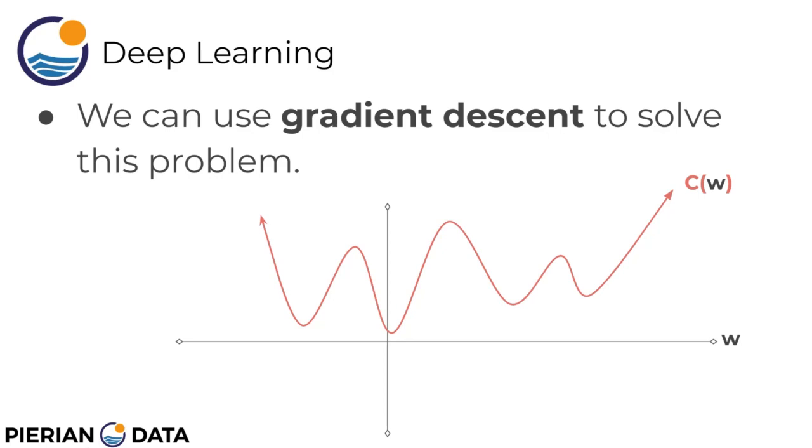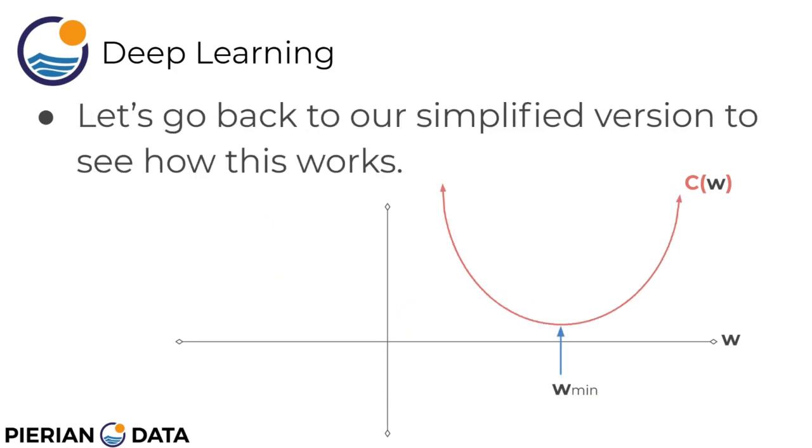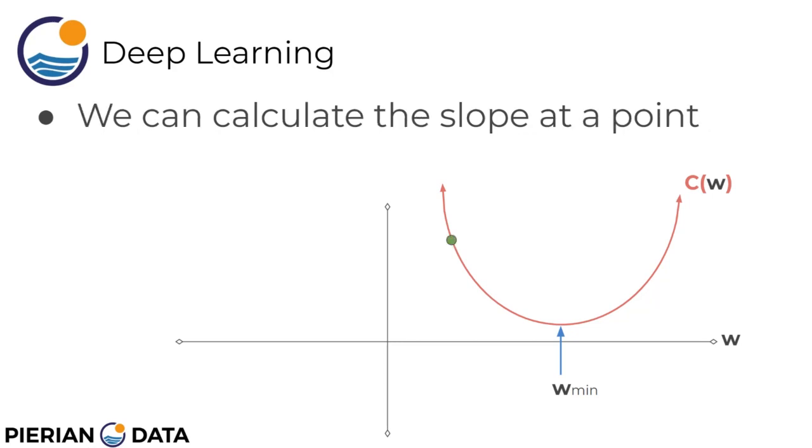So instead, what we need to do is a stochastic process. We can use gradient descent to solve this sort of problem. So let's again go back to this simplified version of our network where we just have one weight and see how gradient descent would work on this simple example, and then we can easily expand it to more complex examples. What we do is start off at one point on this cost function.